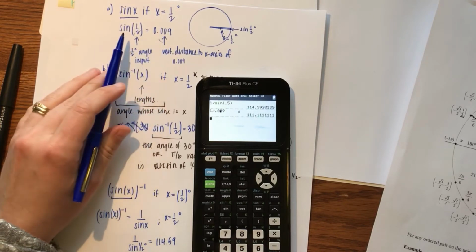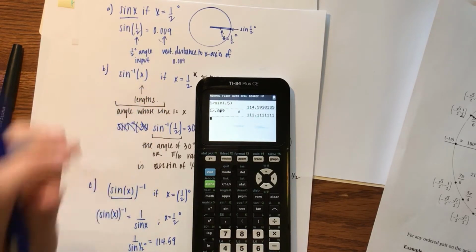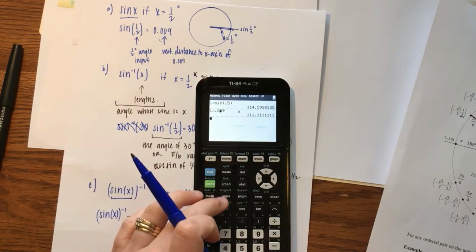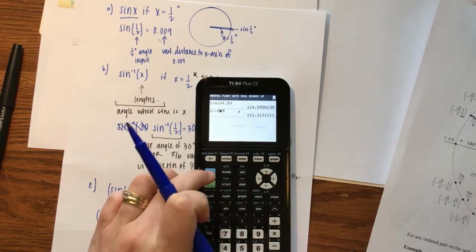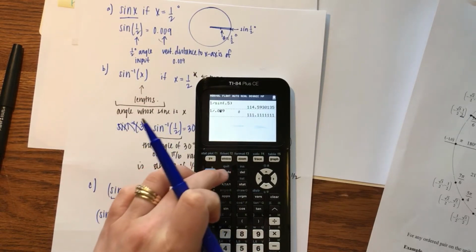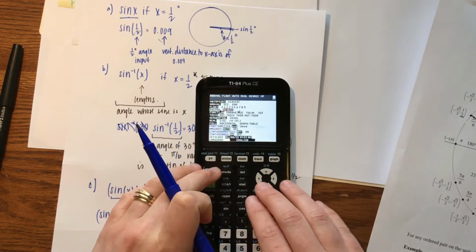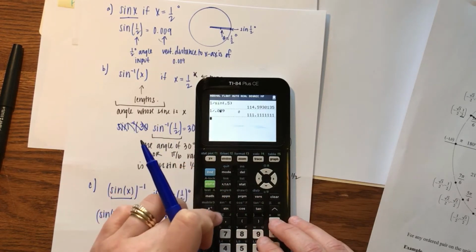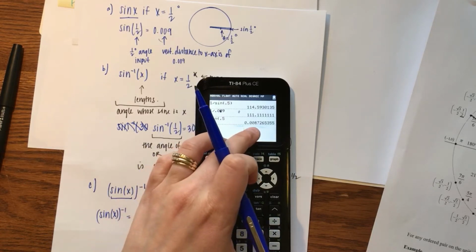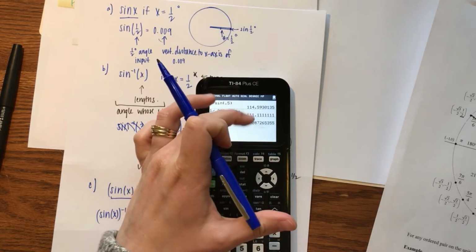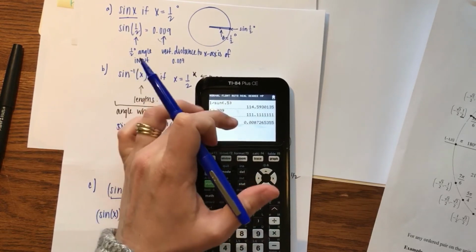Oops, why didn't that compute? Those should be the opposites of one another. So let's do quit, whoops, mode, degree, sine of 0.5, 0.00087.